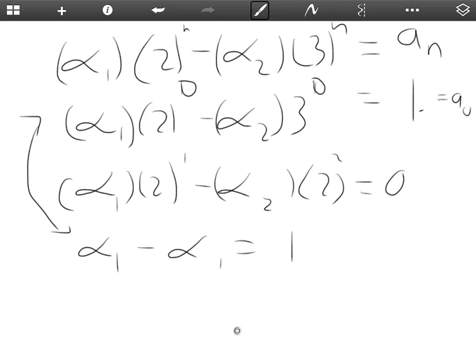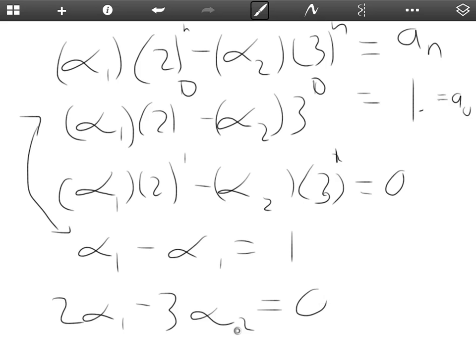And 2 sigma 1 minus 3 sigma 2 is equal to 0.